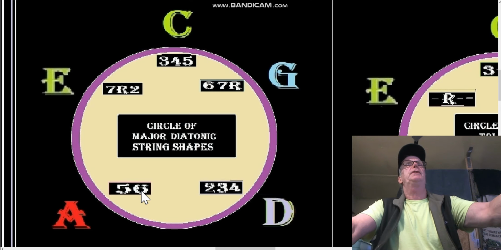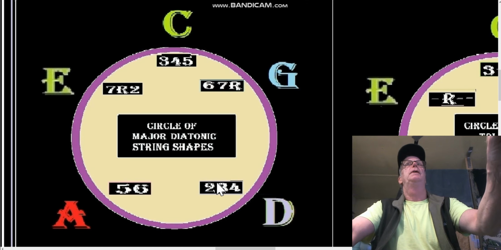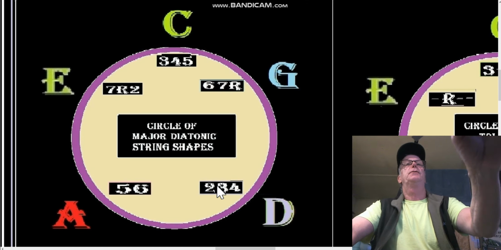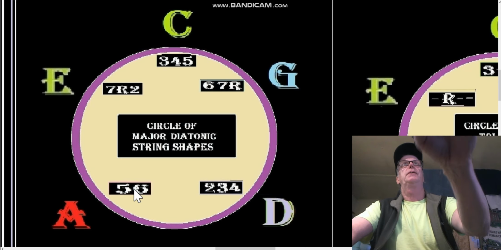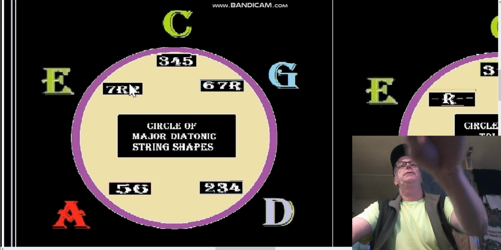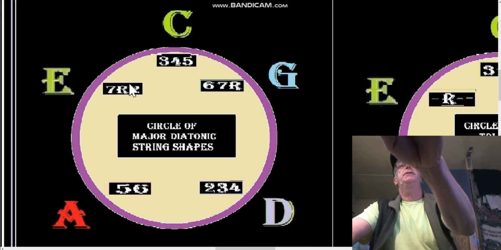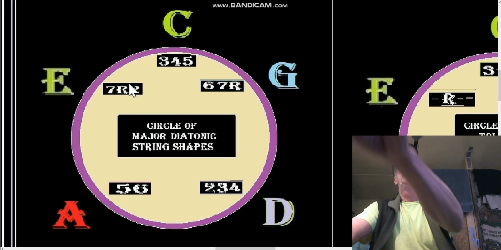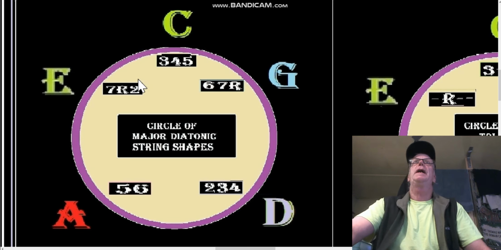This is of the scale. This is the key of C, all white keys. Then 7, root, 2 is the E shape, and then back to 3, 4, 5 for the C shape. That's all that is.